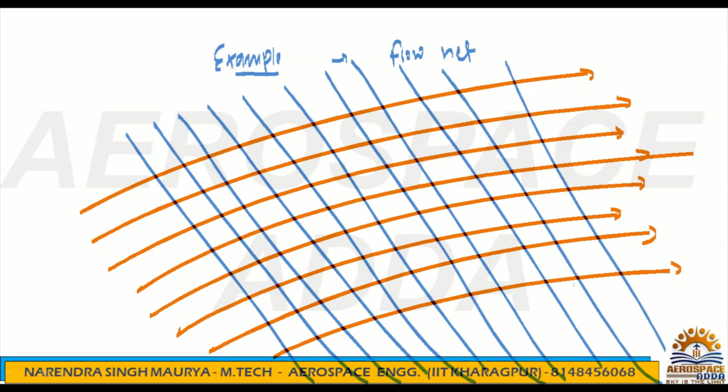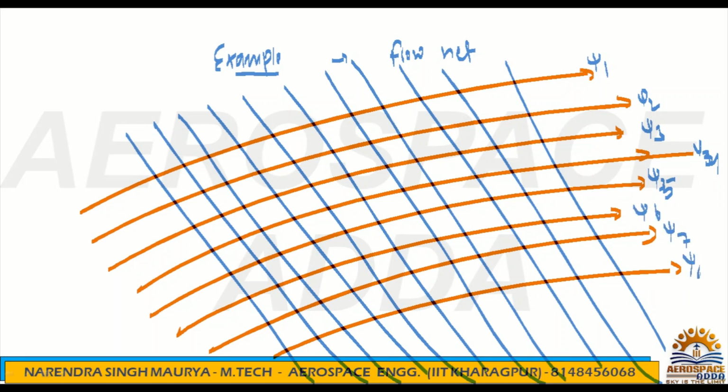So basically the flownet is one of the methods for solving or analyzing 2D irrotational flow problems. Flownets are drawn in such a way that the difference between the stream functions of two successive streamlines is the same. The discharge between successive streamlines is constant. I told you that between any two streamlines, whatever the difference of stream function, it's nothing but the discharge.